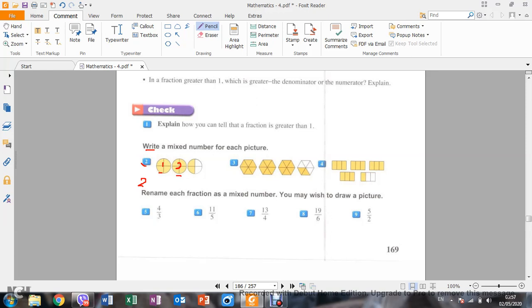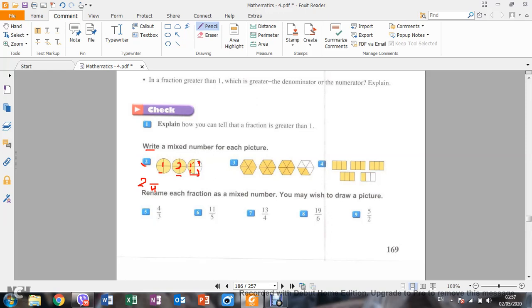Look at the third one, which shows us our fraction. Next to it directly you need to put down this fraction. It is divided into how many parts? 1, 2, 3, and 4. So our denominator is 4.